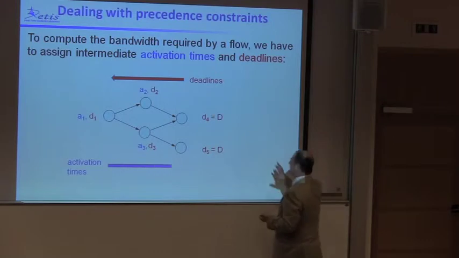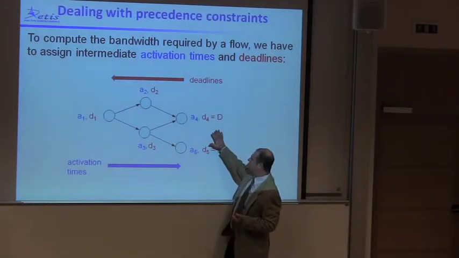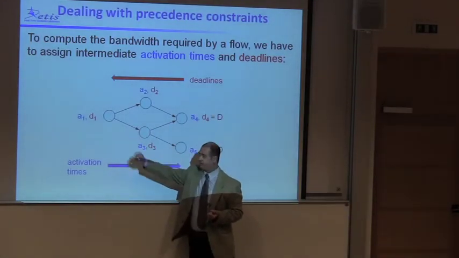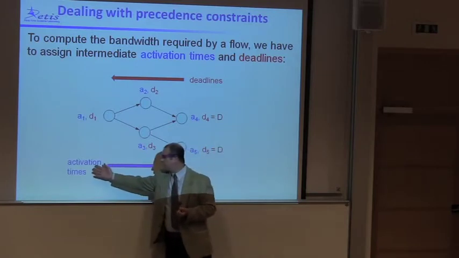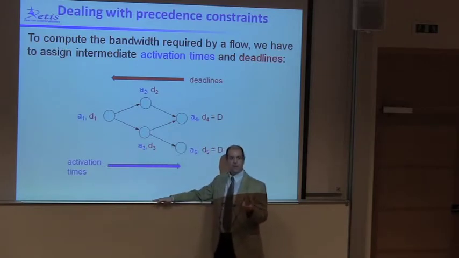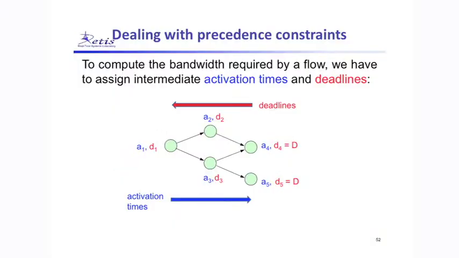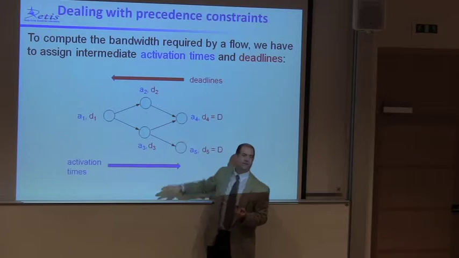And this is done by proceeding from the leaves to the root. But then I need also to assign virtual activation times, and this is done the other way, from the root to the leaves, so that once I assign to each task an activation time and a deadline, I can forget about the precedence constraints.